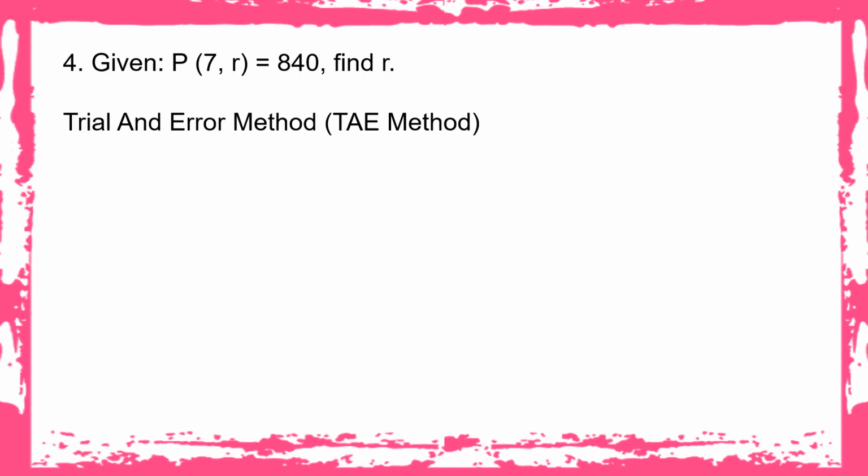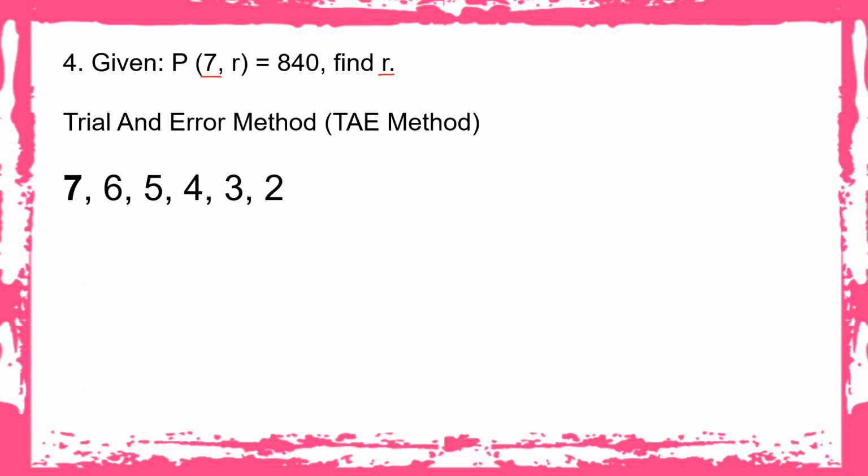Before we leave number 4, let us try to solve it using the trial and error method, or the TAE method. So again, we need to find the value of r. So first thing that you have to do is look for the value of n, and this is 7. So start with the number 7.